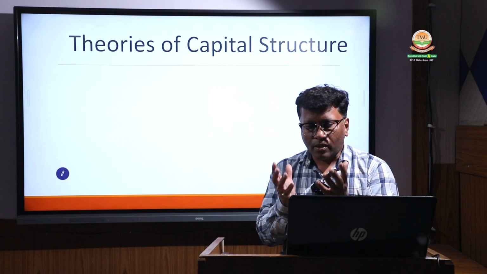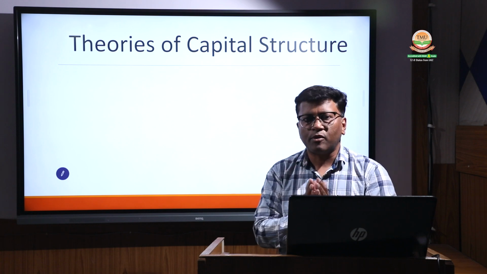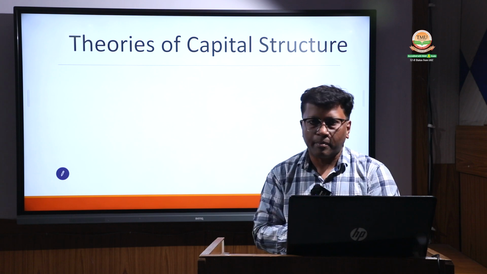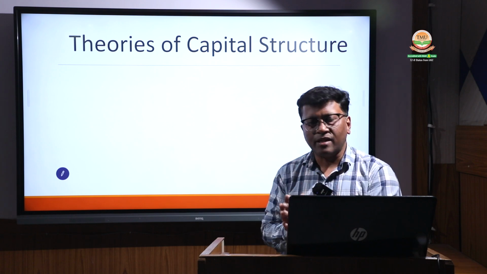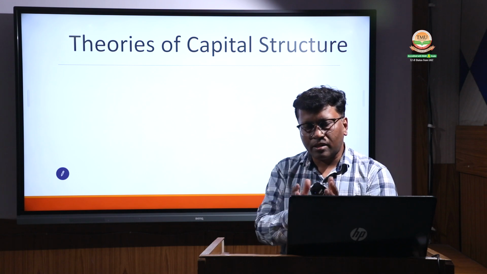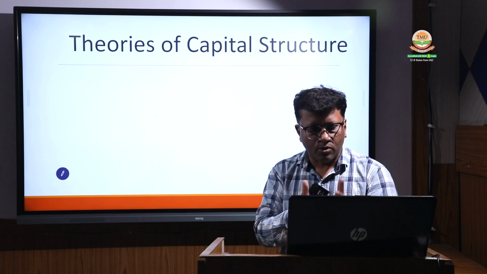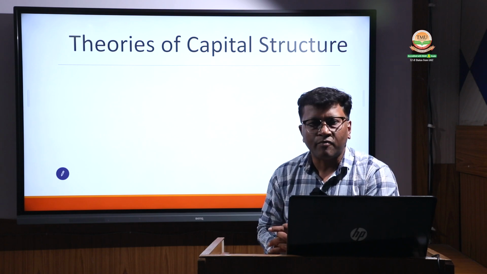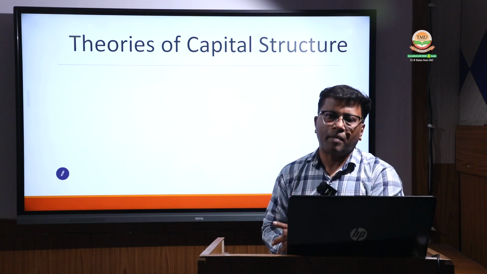So what is the particular ratio to be maintained between the debt capital and the equity capital? Because if the organization desires to increase the EPS, earning per share, or the wealth of the shareholder, that time it comes to the point that we should maintain the ratio between the debt capital and the equity capital.